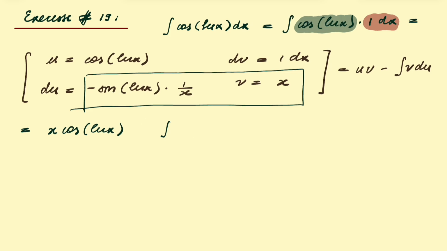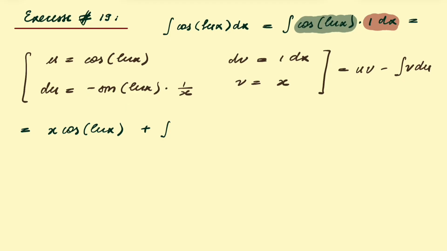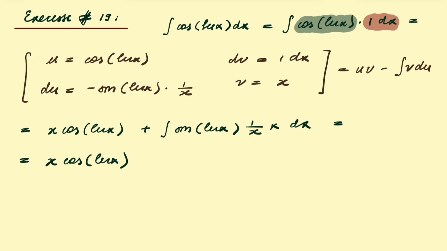So I'm directly writing plus to avoid some confusion. So we'll have inside sine of ln of x times 1 over x times x dx. I hope everything is clear up to this point. So we can rewrite this as x times cosine of ln of x plus, here obviously this cancels out, so we'll have sine of ln of x dx.